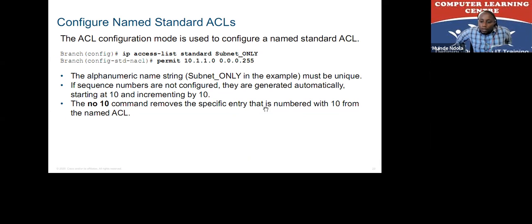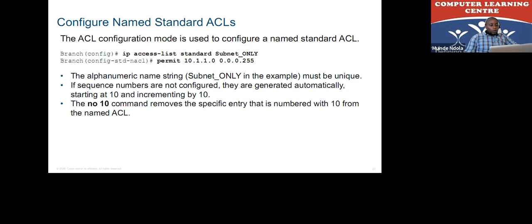An alternative, if you're using the extended access list, is to configure the access list by use of the named access list, where you can say IP access list standard, then you give it a name.